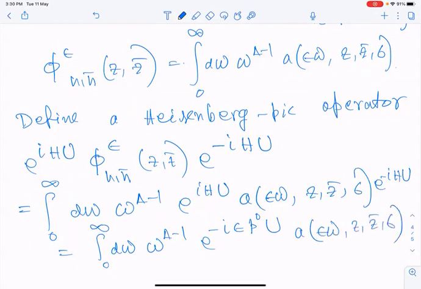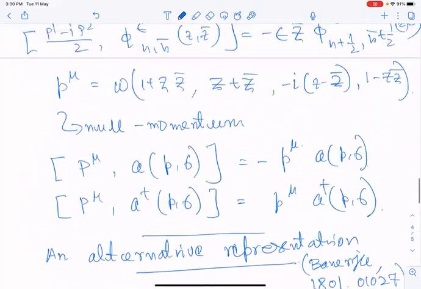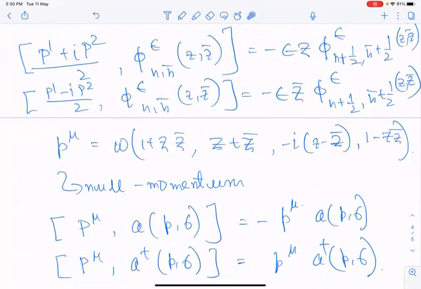This is a standard rule for how the time evolution of the creation or annihilation operator works. And P0 is just omega times 1 plus ZZ bar.